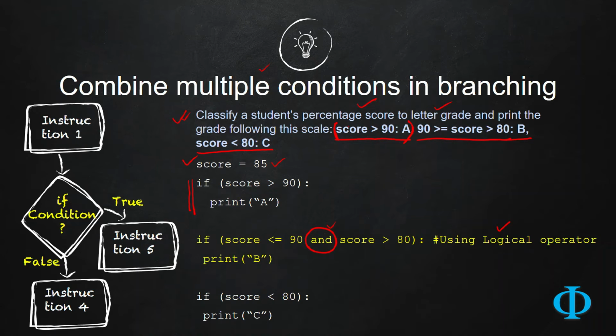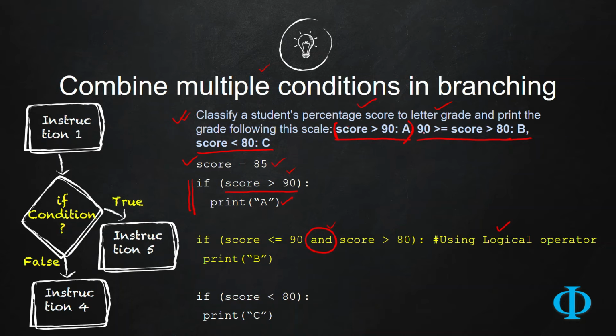So here I have just checked if score is greater than 90, then I am printing A. Well, this is just like the normal if-else that you have learned before. There is only one condition over here, that is score greater than 90.